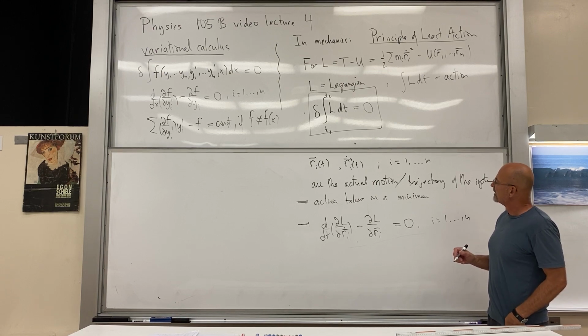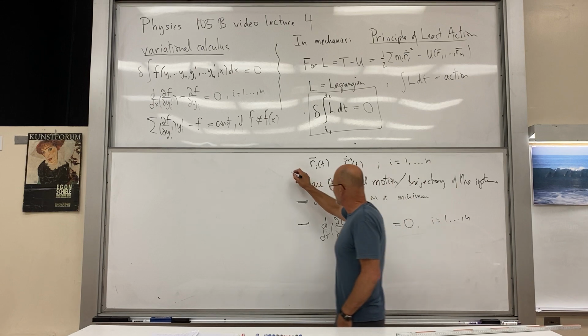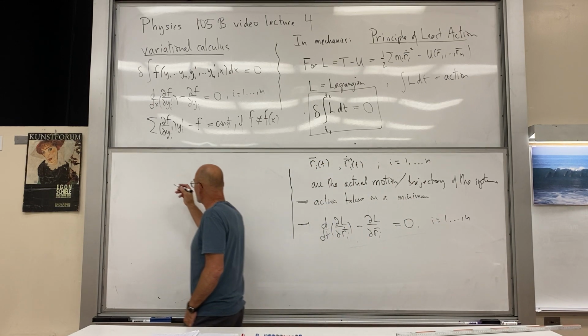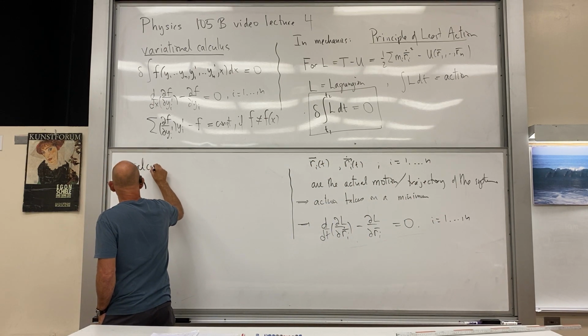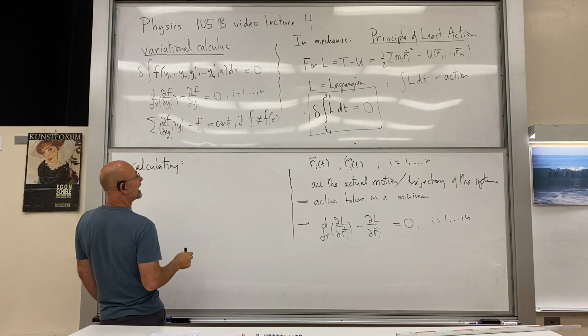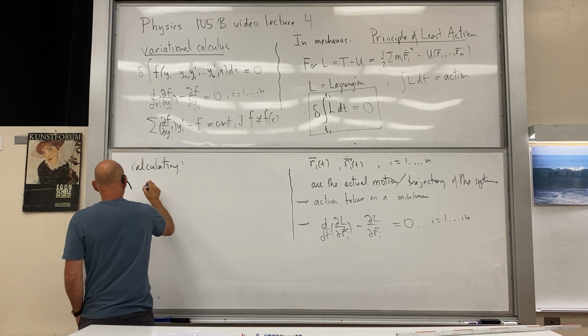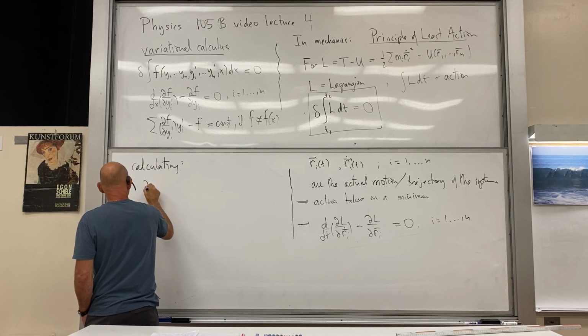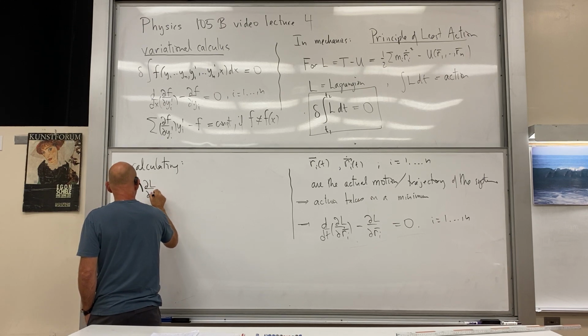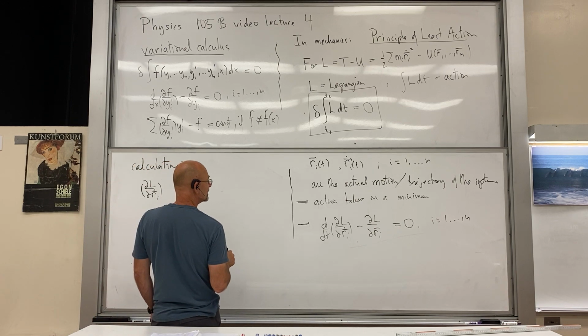And the next thing to do is actually do the calculation. L is up there, so let's just do it piece by piece. We take the partial of L with respect to r sub i dot out of that whole sum.